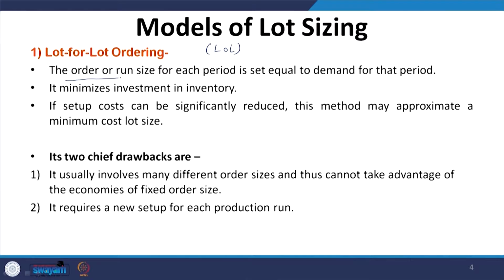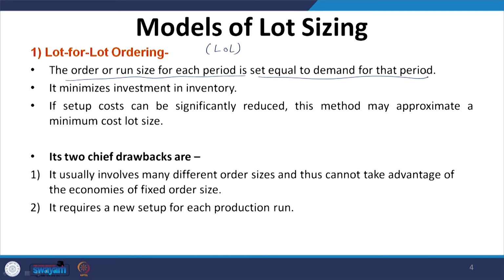So, that is a case where whatever is the net requirement, you order only that much quantity, that is lot for lot ordering. Here the order or run size for each period is set equal to the demand for that period. Whatever is the requirement of a particular period, you are going to order only that much quantity.